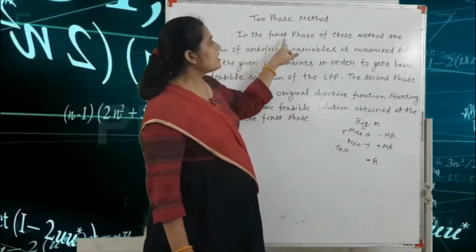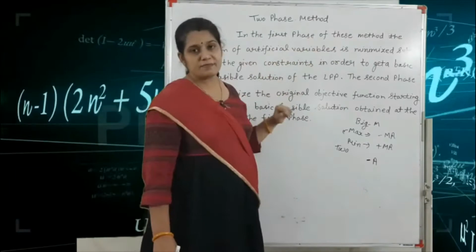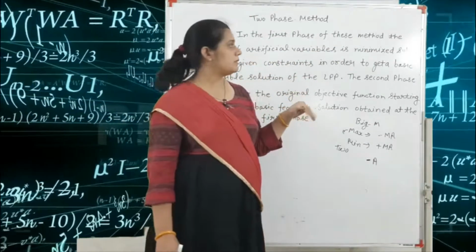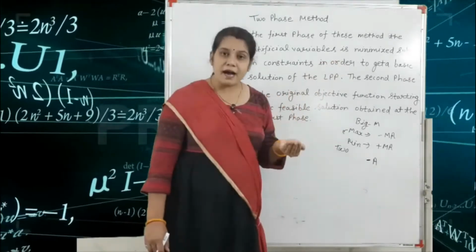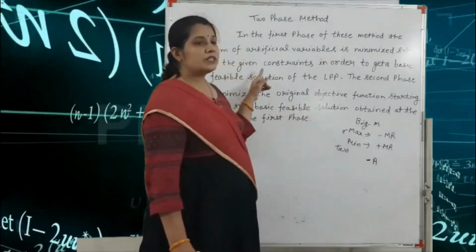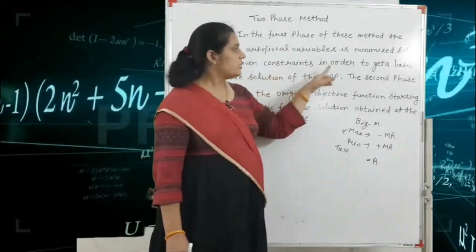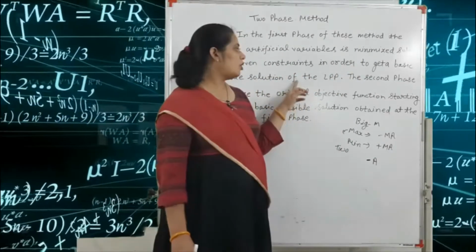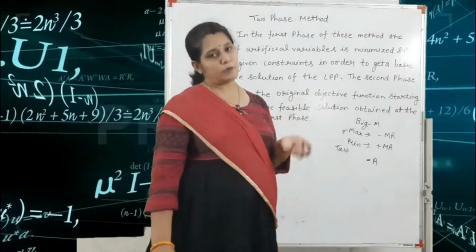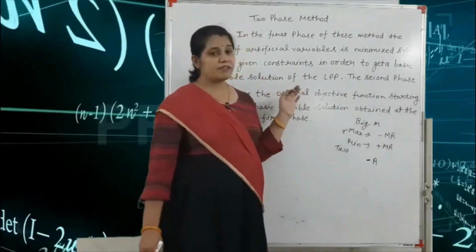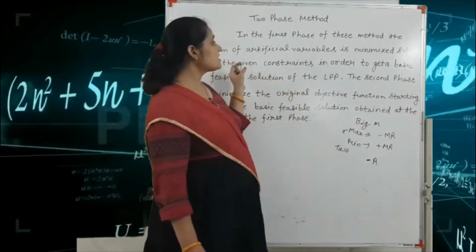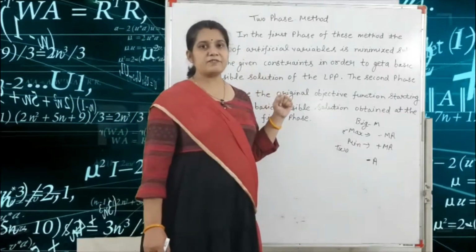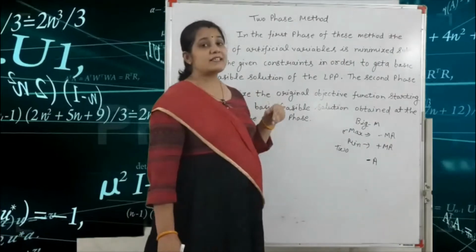In the first phase of this method, the sum of artificial variables is minimized subject to the given constraints in order to get the basic feasible solution of the linear programming problem. That means in phase 1, first we minimize subject to the given constraint equations in order to get a basic feasible solution.